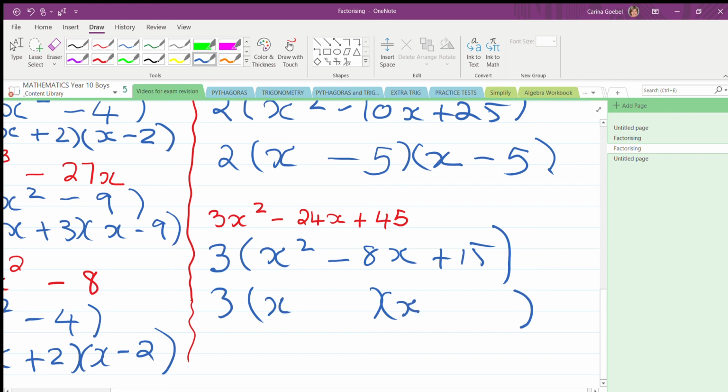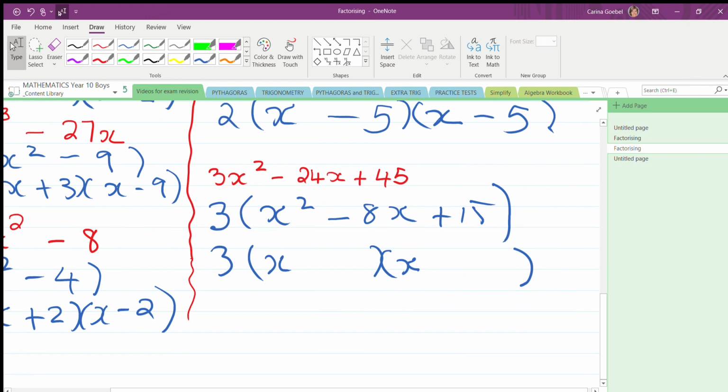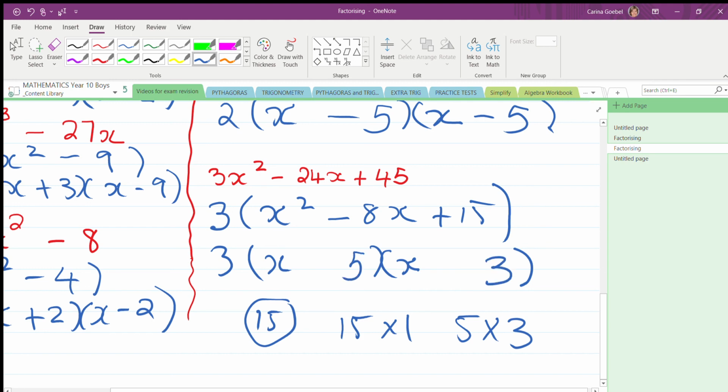We need the factors of 15 added together to make 8. So factors of 15, 15 times 1 will give you 16, so that's not correct. But if I go 5 times 3, that is 15, and 5 plus 3 makes 8. So my numbers are 5 and 3. Remember to work out your sign at the end. You then have minus 5, minus 3, which makes minus 8.